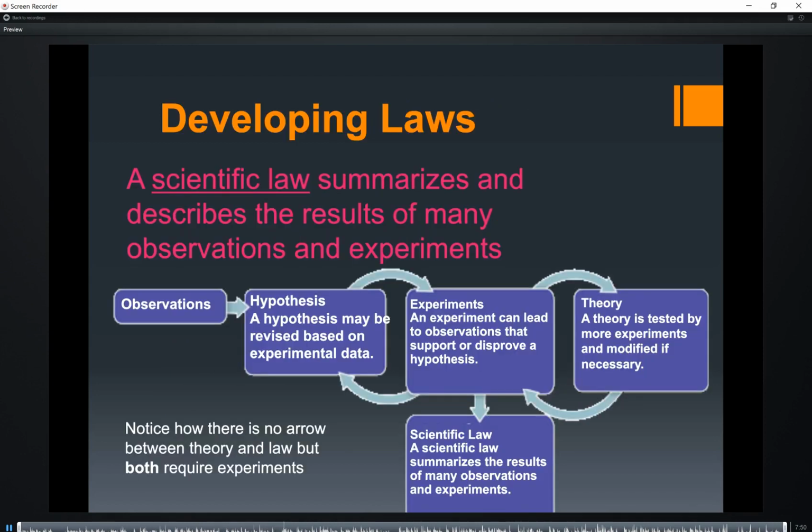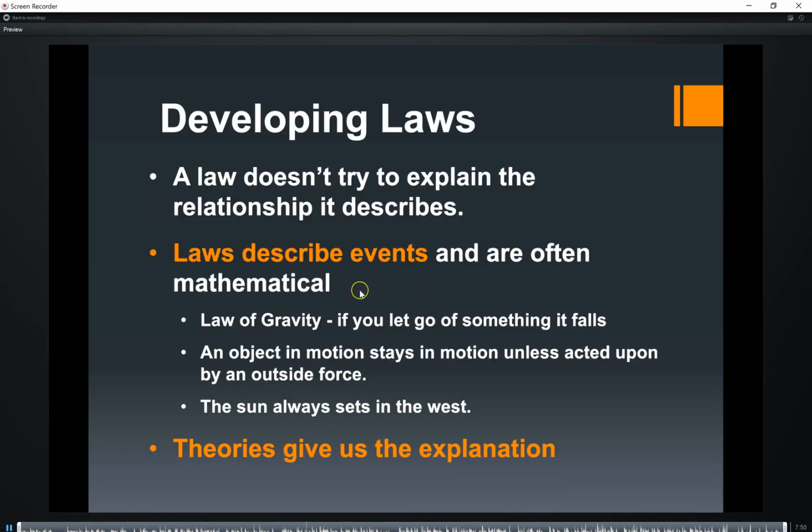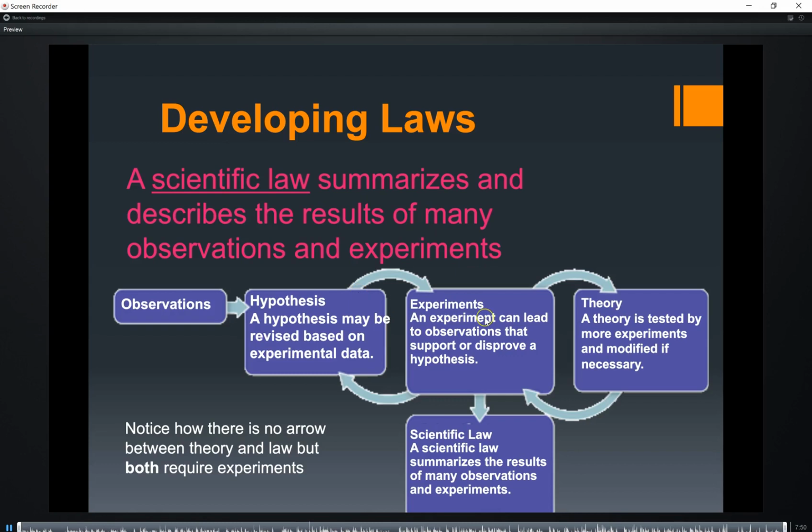On the flip side, a scientific law summarizes and describes the results of many observations and experiments. So you start with an observation, and then it becomes a hypothesis, and then you have to experiment with what you were hypothesizing, and then your experiment can lead to observations that support or disprove a hypothesis.